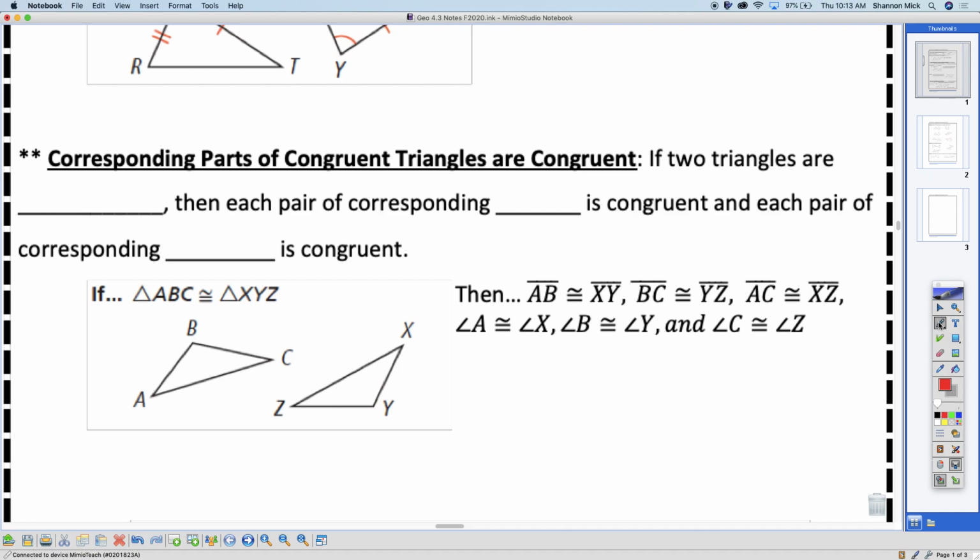So AB is congruent to XY, those corresponding parts. And BC is congruent to what? YZ. So I put 2 on that one, right? And then AC is congruent to what? XZ.